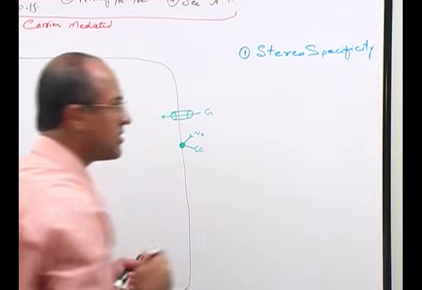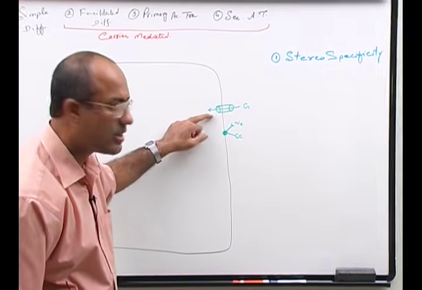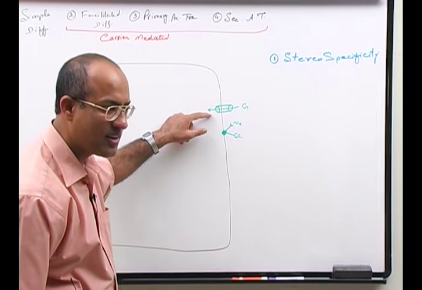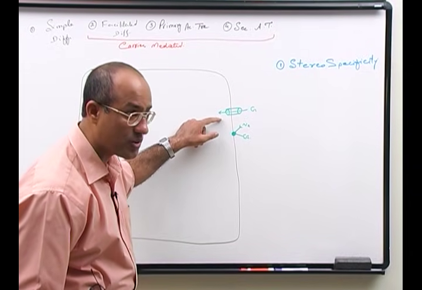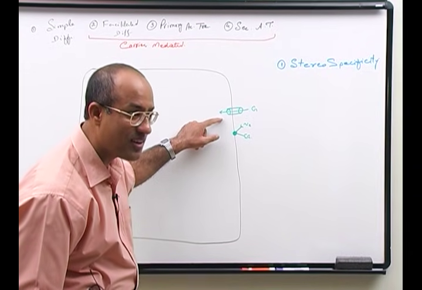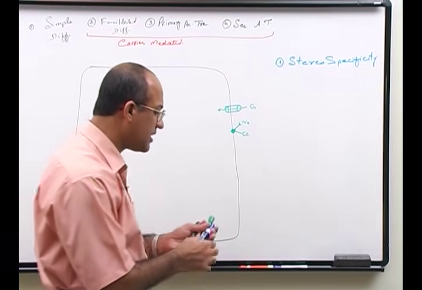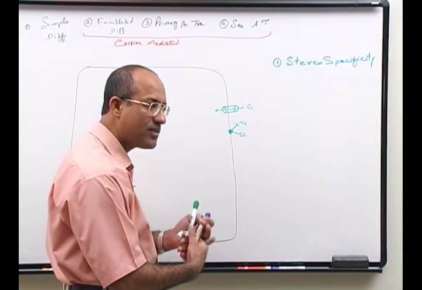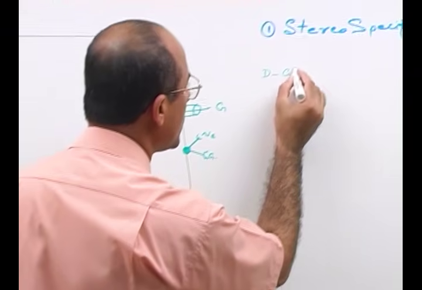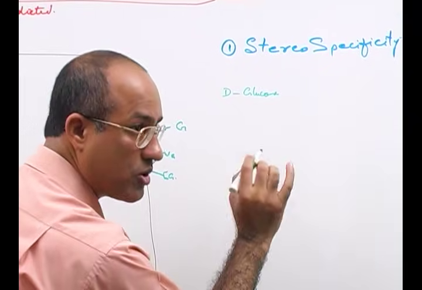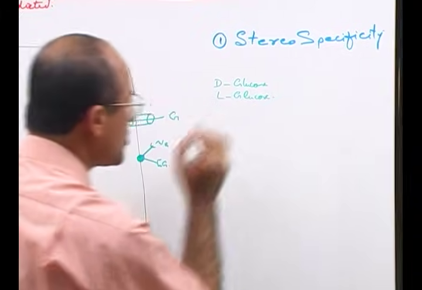Now what is meant by this? Let me tell you. Actually these transport mechanisms are specific. If this is a glucose transporter, it will transport only glucose, not amino acid. It will even be so specific that glucose is of two types. There is D-glucose and there is L-glucose. D-glucose is dextrorotatory glucose, and L is levorotatory glucose.